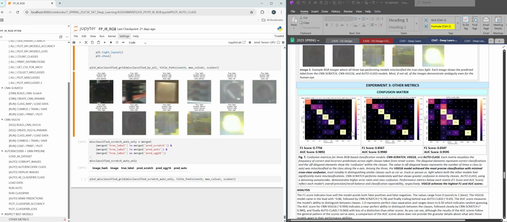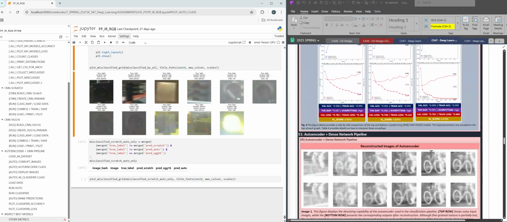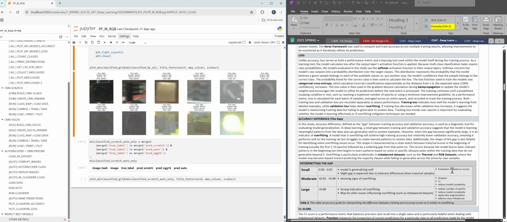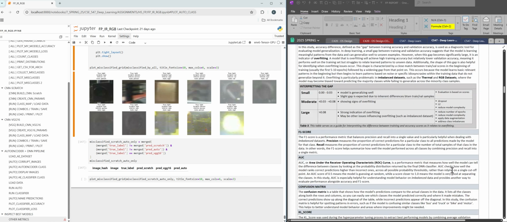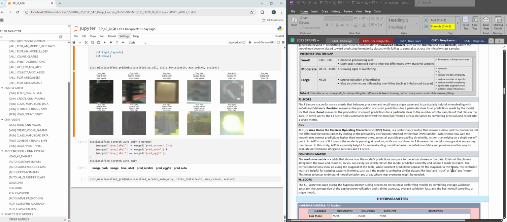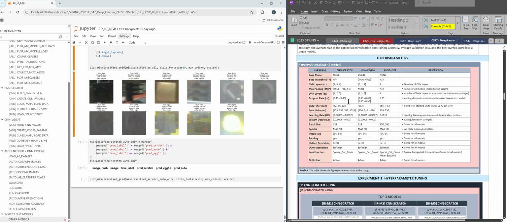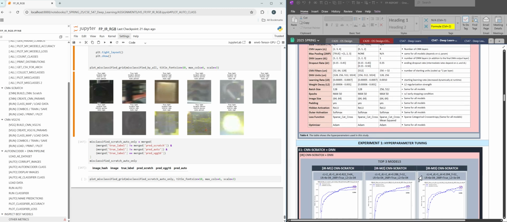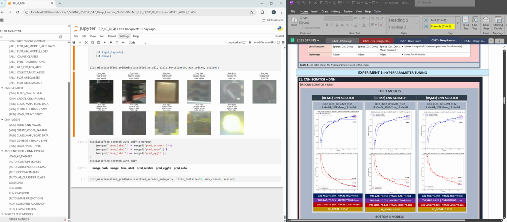One thing that was really interesting, okay, but before I get there, let me go through the report here. We've got our different scores that we want to look at. Here's the list of hyperparameters that were used in the parameter grids. And so we've got our top models.